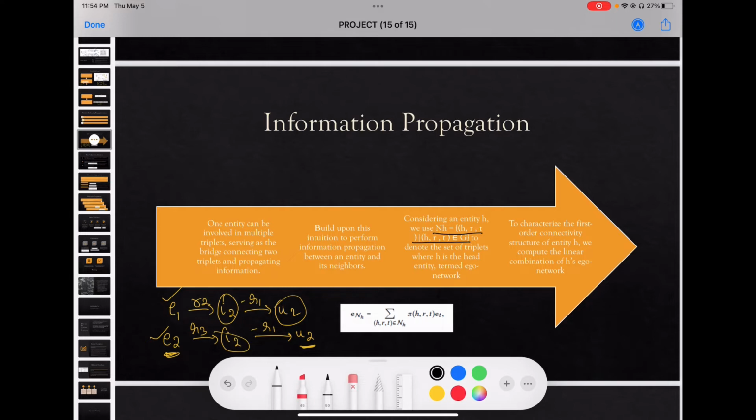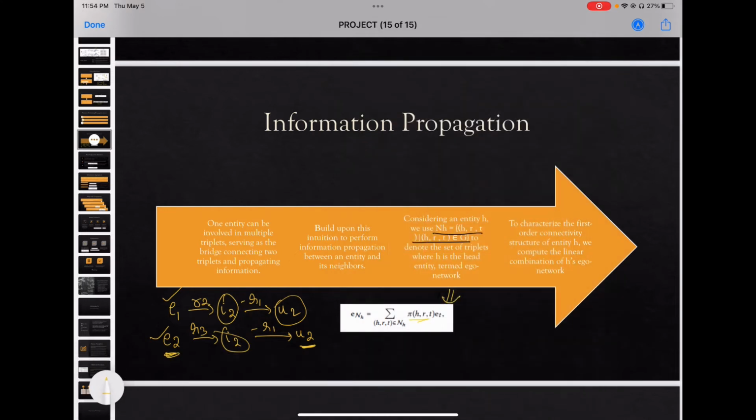This is the expression for an ego network, where pi(h, r, t) controls the decay factor of each propagation on the edge (h, r, t), indicating how much information being propagated from tail to head is conditioned to relation R.